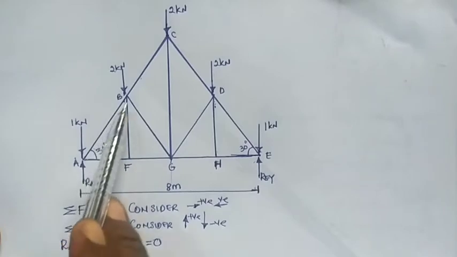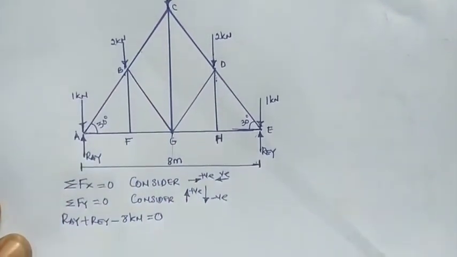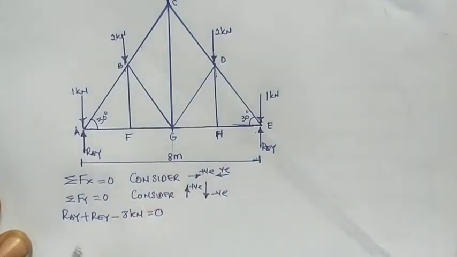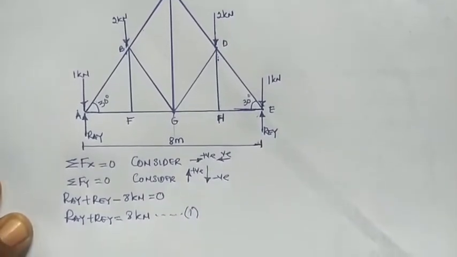If you add all these forces here, you're having 8. Now if I take the minus 8 to the other side, my AY plus EY will be equal to 8 kilonewton. So that will be my equation 1.